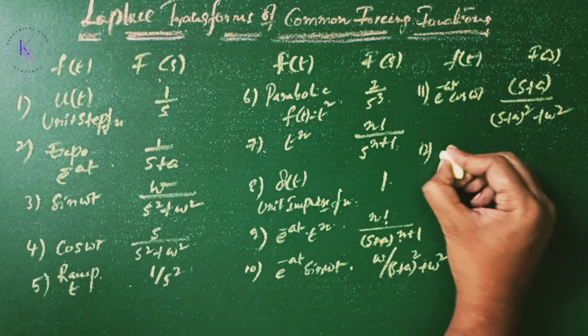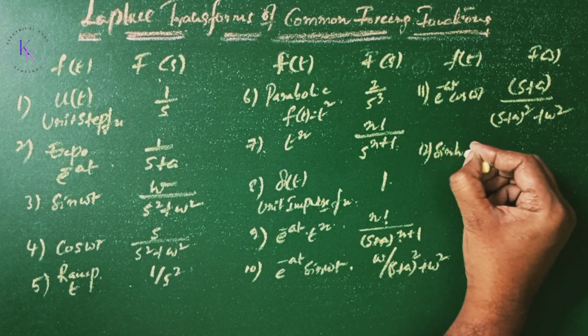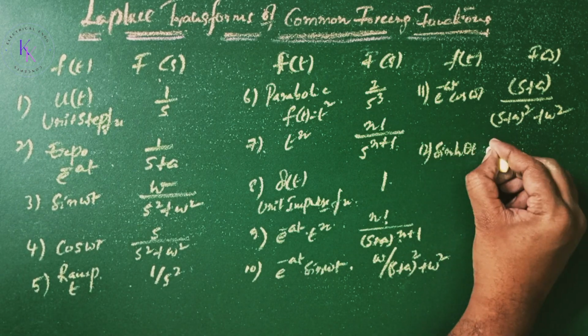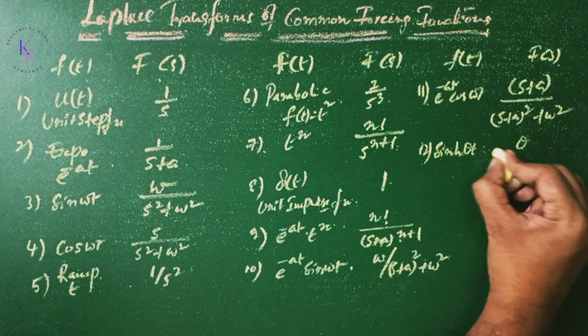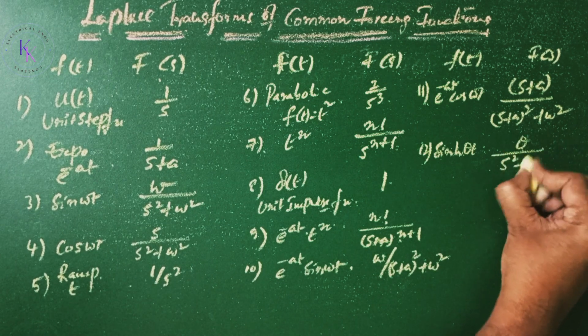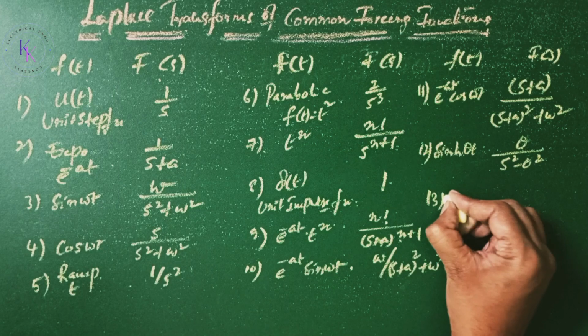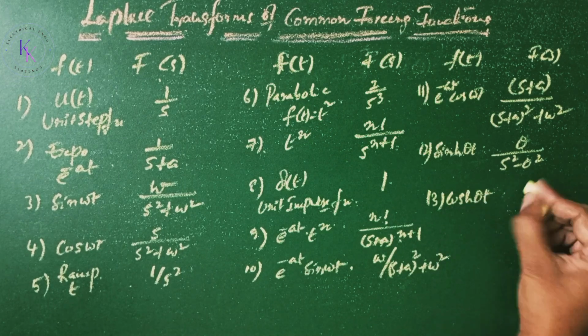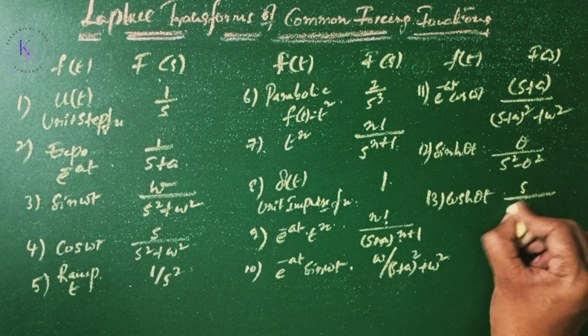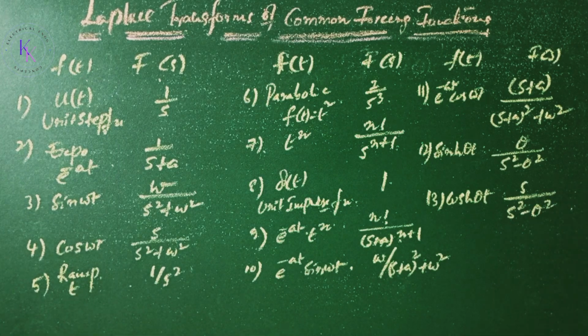And the 12th one, sinh theta t, for which we got theta divided by s square minus theta square. And finally cosh theta t, we got s divided by s square minus theta square. Laplace transforms of some useful functions.